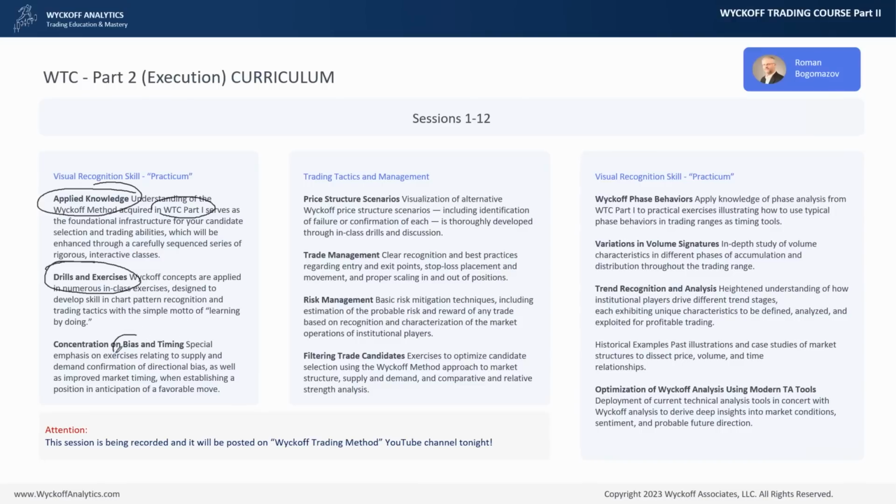We will talk a lot about bias and timing, but specifically bias. And with the bias, we're going to discuss it in multiple ways. In WTC1, we created the way to make observations and deductions, right?